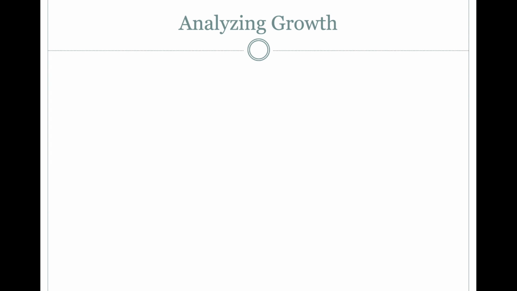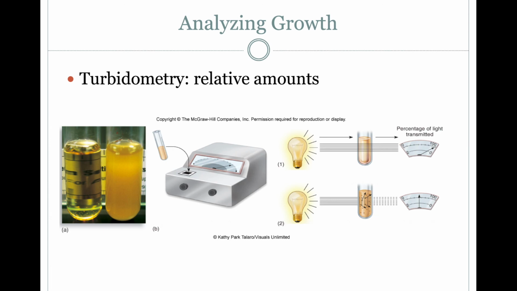To analyze growth, we've discussed this in laboratory already. There is relative analysis of optical density. This is using a spectrophotometer to do a relative analysis from an uninoculated tube of media into bacterial growth.